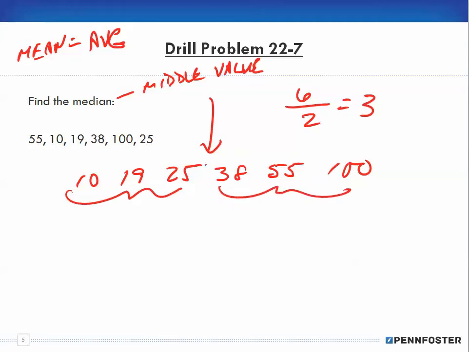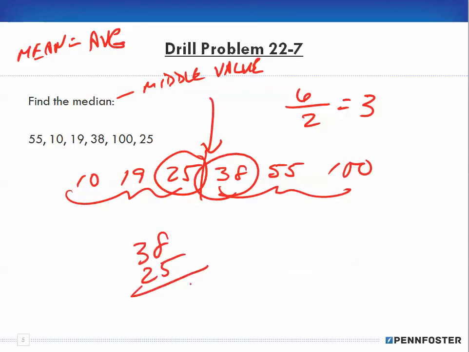And so these middle two, this 25 and 38, you're taking the midpoint between the two. So you take 38, add your 25, which gives you 63, and then you divide by 2, which gives you 31.5. So your median value would be 31.5.